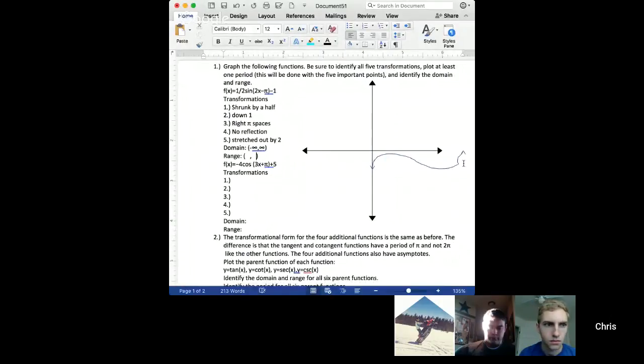The question is, what are those numbers supposed to be? Well, we know they're going to be negative because it's below this.